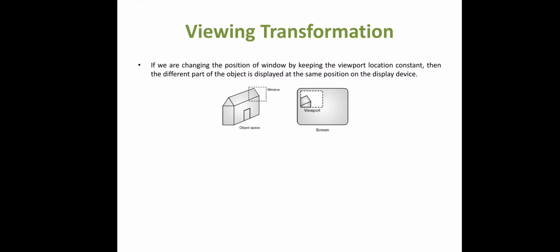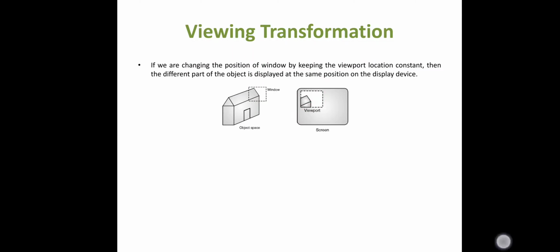If we want to change the position of the window while keeping the viewport location the same on the screen, then a different part of the object is displayed at that same position of the device. First I chose this part of the window, and this part is shown in this viewport.